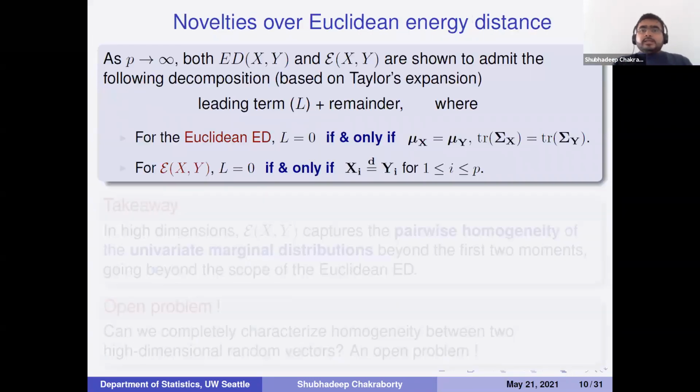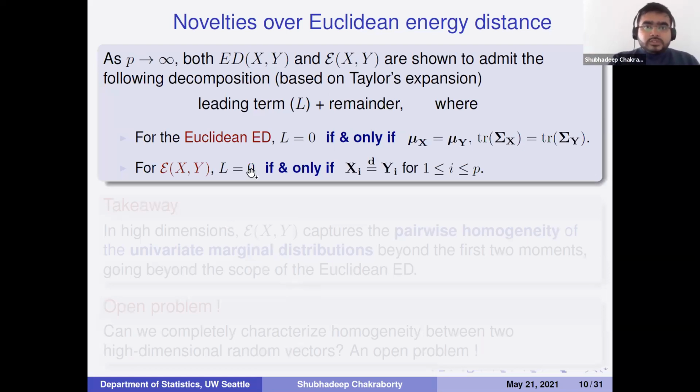Now let me come to the really interesting question: how does energy distance behave in high dimensions, and how does our generalized energy distance overcome some of its limitations?